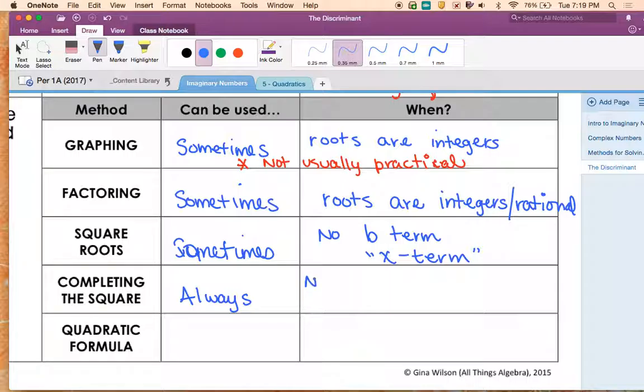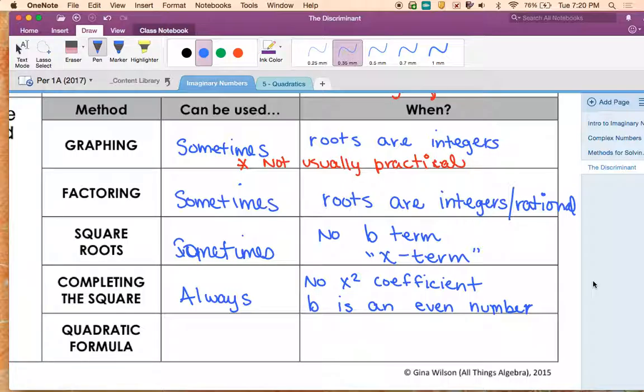When there's no x squared coefficient, and B is an even number. Like 8x, 6x, 4x, when B is even.